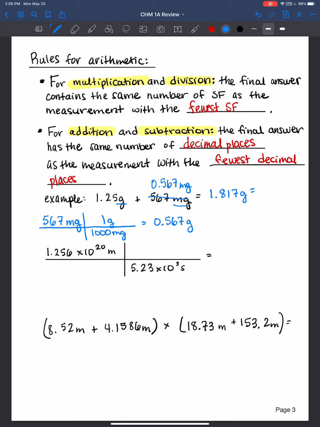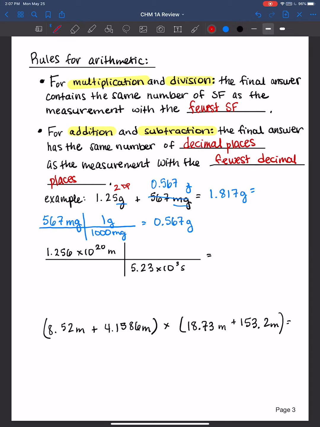And so here, how many decimal places do I have for the first measurement of 1.25 grams? All right, I have 2 decimal places. And then here we have how many decimal places for 0.567? My apologies, I meant to say 0.567 grams.